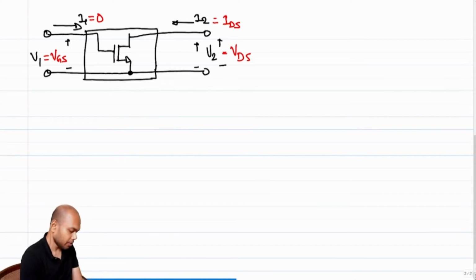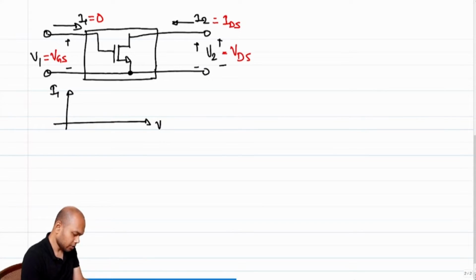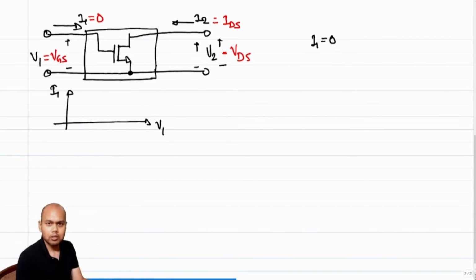So what will be I1 versus V1? I1 versus anything is essentially 0, right? So I1 is always 0. So I do not have to plot the first two characteristics, right?